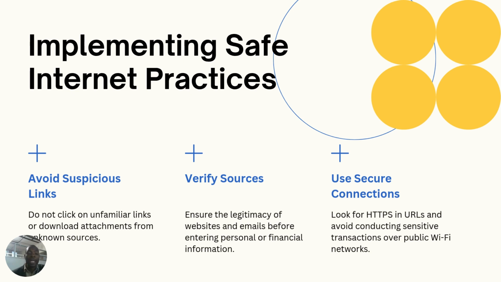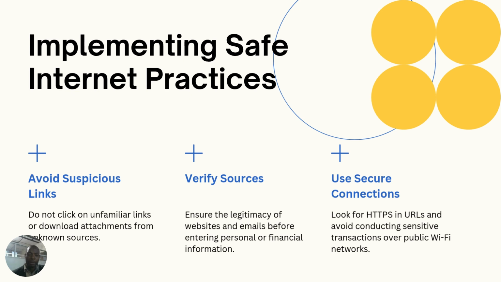So do not click on unfamiliar links or download attachments from unknown sources. Always verify the sources with maybe the ICT personnel.